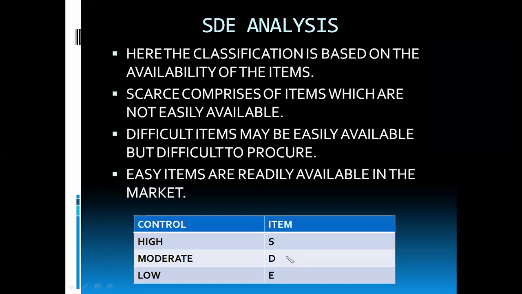So we need not worry much about that type of inventory. But when we know that a particular item is scarce or rarely available, then we will have to exercise more control over such inventory. So that is SDE analysis, based on the availability of the items.